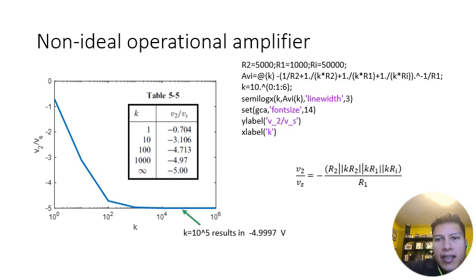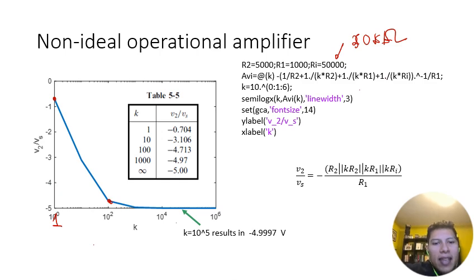For this particular example, I chose the input resistance to be 50 kilo ohms. As I vary K, if K is small, like 1, you can see that our gain's pretty bad.